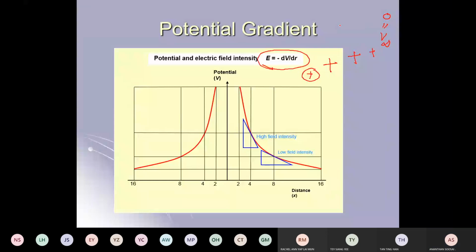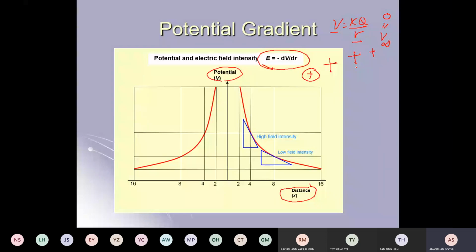What is the electric potential formula? kQ over r, right? So if you plot V versus r, V and r are inversely proportional, so you will get a curve. The potential goes up from 0 at infinity.